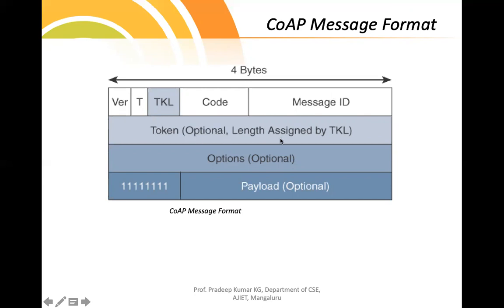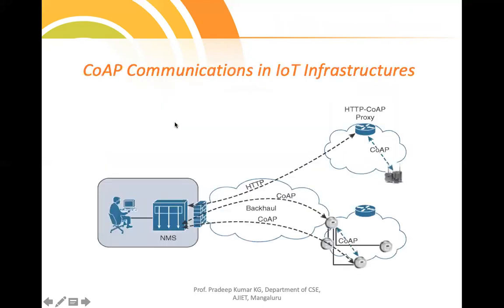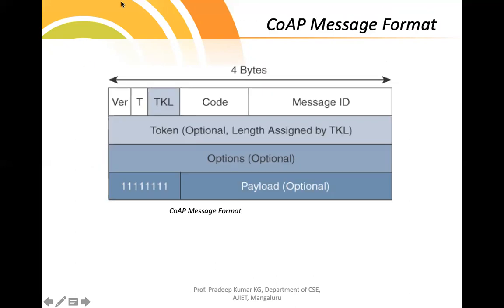Then the actual token. Over here, the actual token is optional. So the length is assigned by TKL, and depending on the length, the token is assigned. If there is a continuity, then a specific TKL should already be defined.